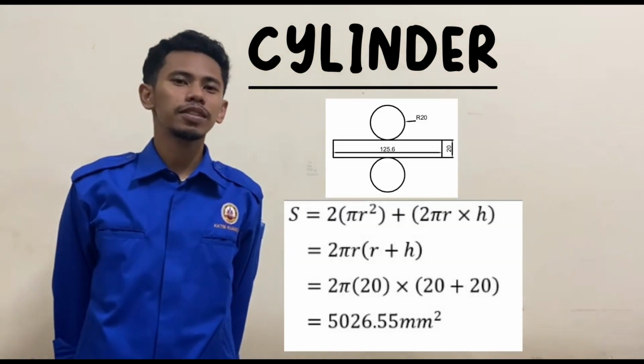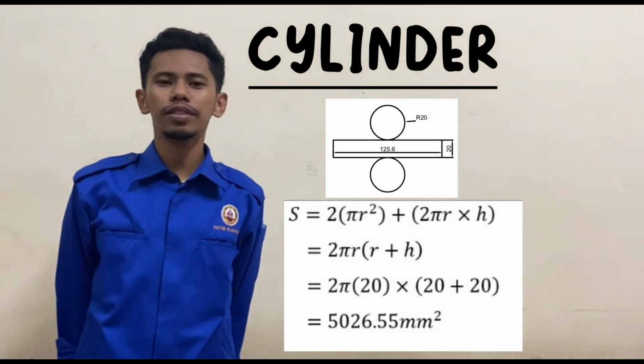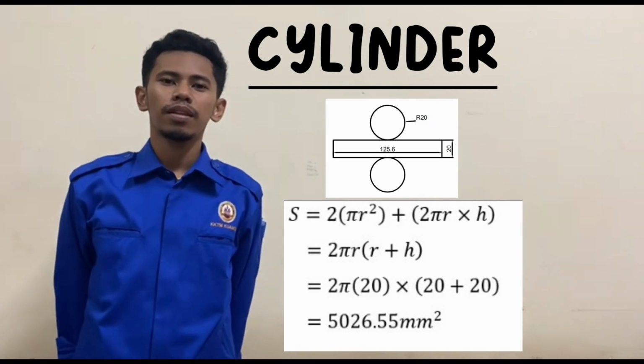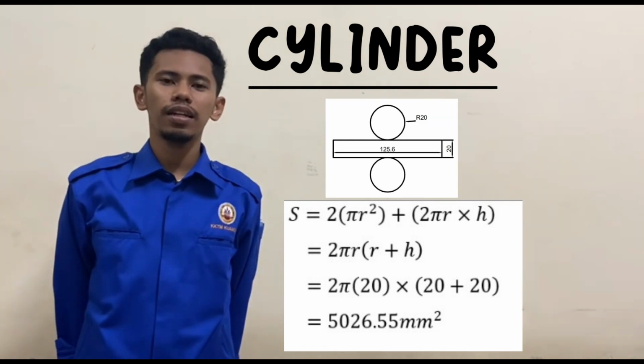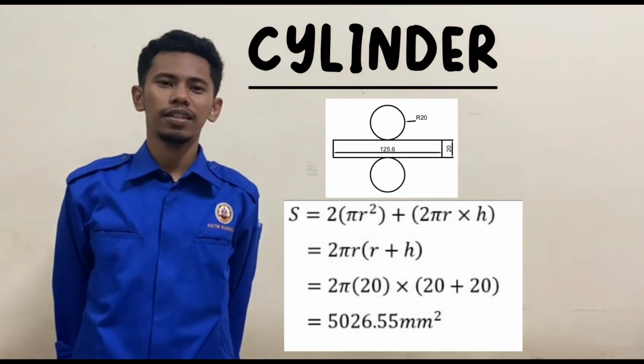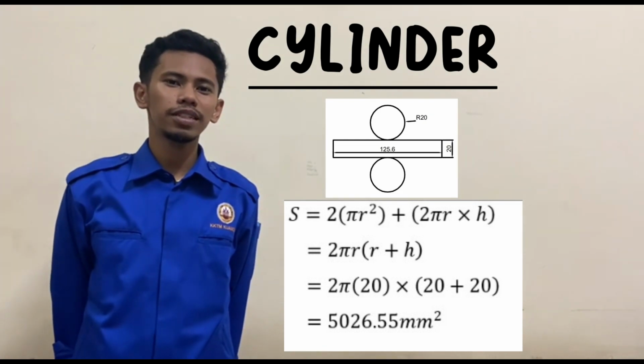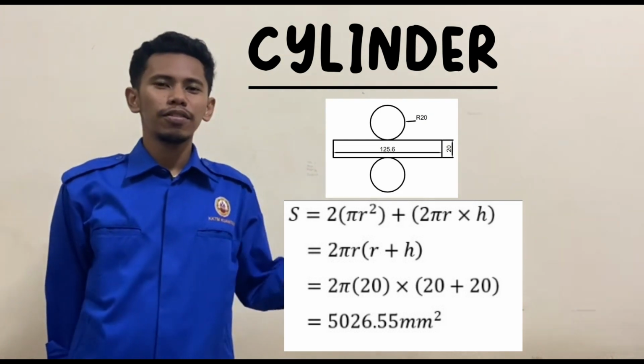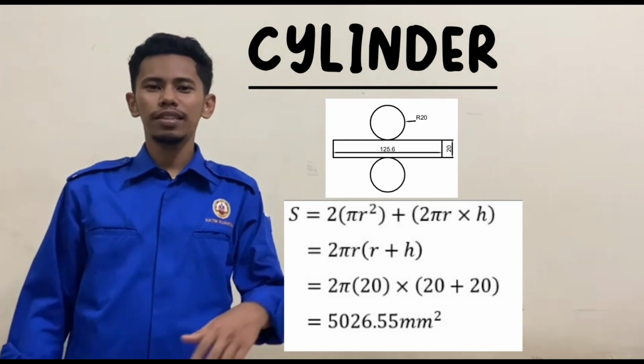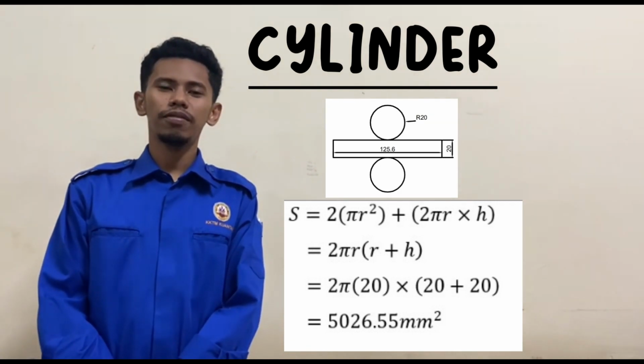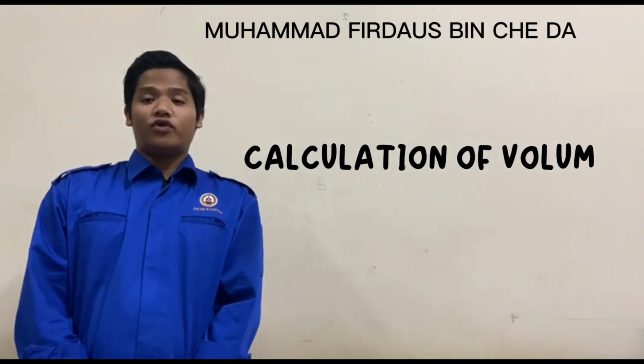For the last cylinder, we also use the same equation. For r equals 20 and h equals 20, we substitute into the equation and we get 5,026.55 millimeters square. The next part of the calculation is volume.